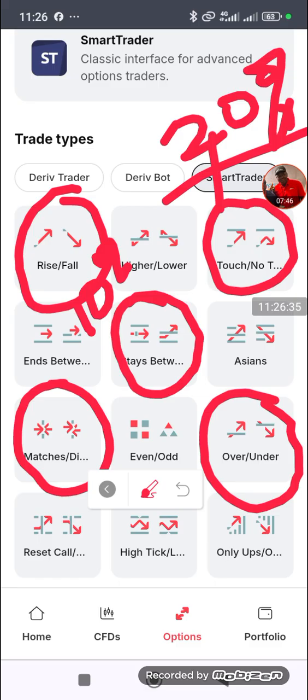So that's why I don't share so much on trading over and under. But for digit, which gives you roughly, let's say 10%. You can see from these options, these are the ones that I trade on, and I trade on them very often.